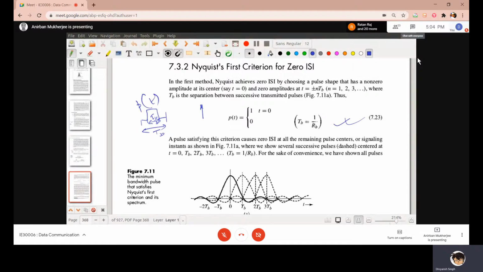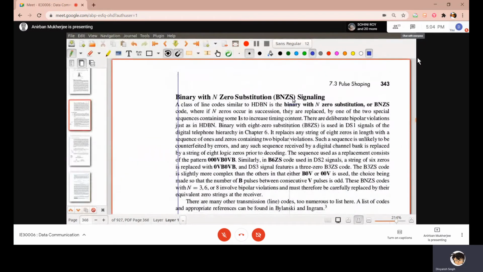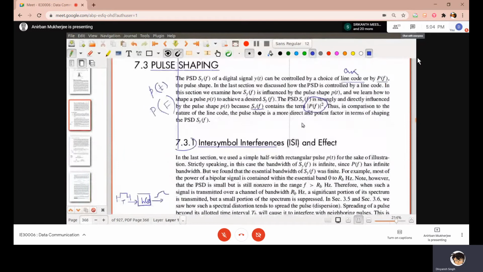In the last class, we discussed the intersymbol interference, or ISI effect. This is not due to noise; this is due to finite bandwidth.